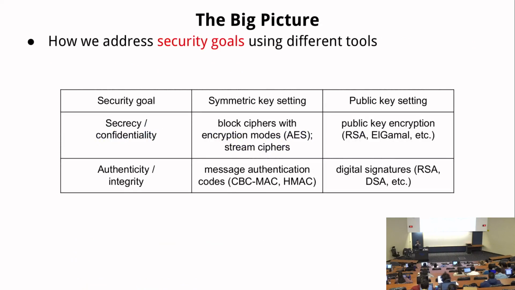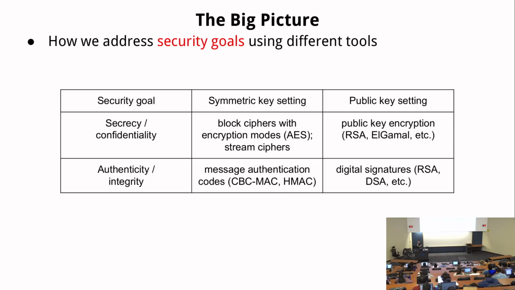Okay, so now we summarize a little bit about symmetric and asymmetric key crypto systems. We can use either of them for confidentiality, authenticity, and integrity, but with different approaches. For symmetric key, we like AES, and we use different encryption modes to generate something like a stream cipher to do encryption.